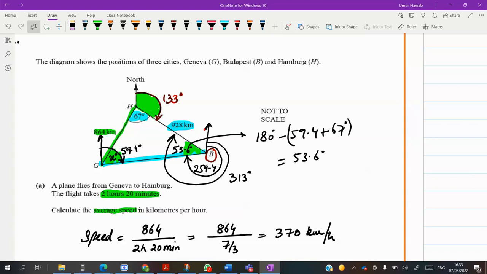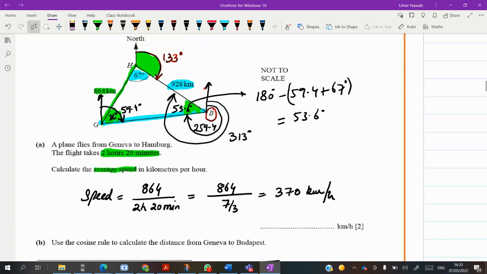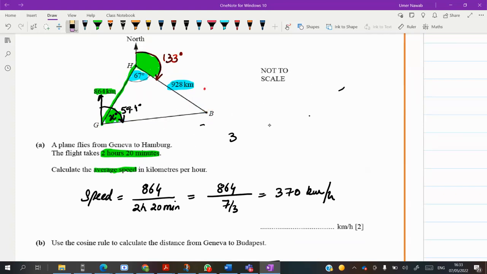I think now it looks reasonable to find this. I have another way, guys. Maybe if you feel not comfortable in this one, I'm erasing it. Why not? I can use this angle.